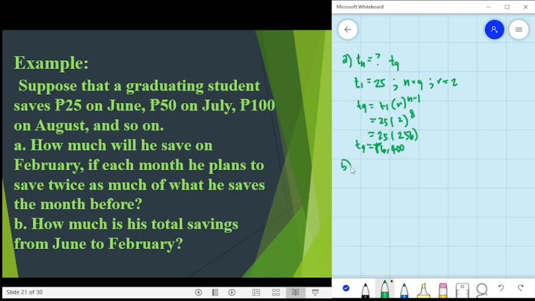Okay, to find the B, we have the sum of n, mao na ang gipangita. So we have again using this, and we have t sub 9 of 6,400.